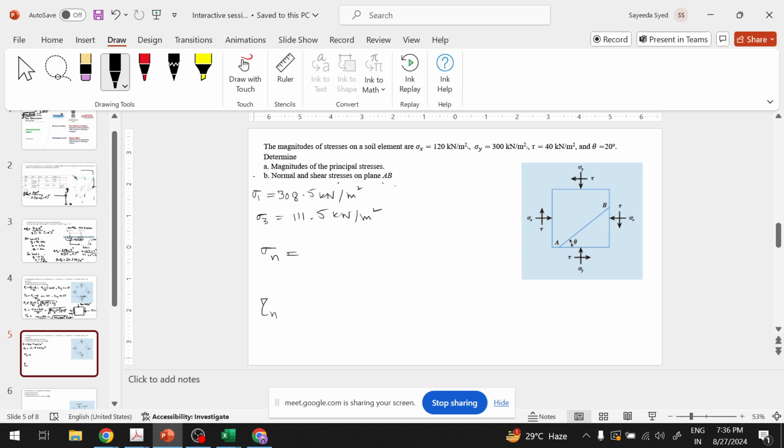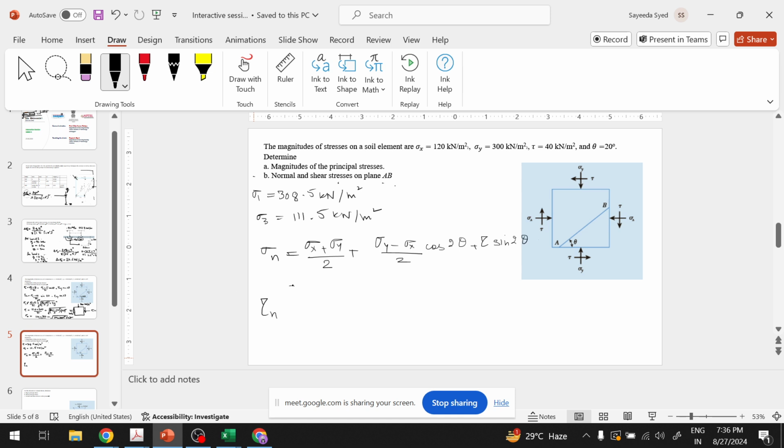Okay, let me write it again here. Sigma n will be sigma x plus sigma y over 2 plus sigma y minus sigma x over 2 cos 2 theta plus tau times sin 2 theta.